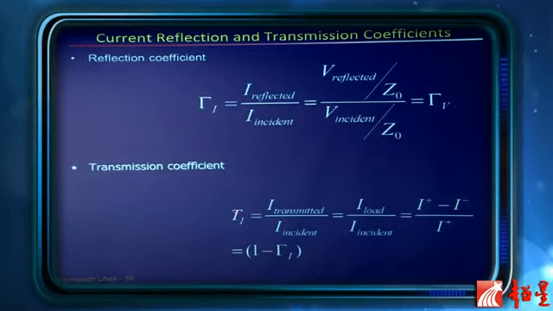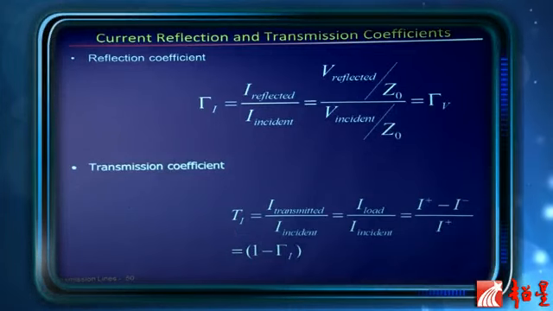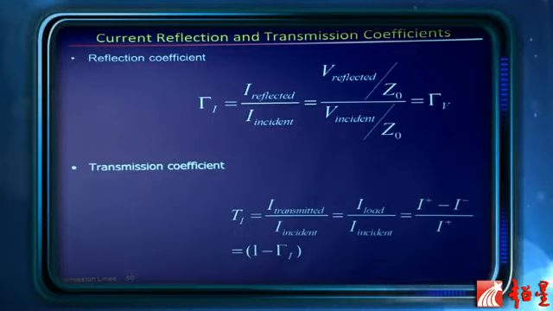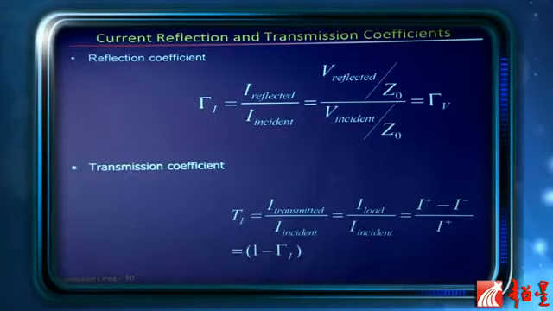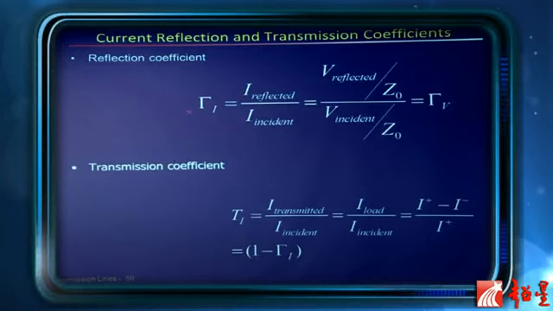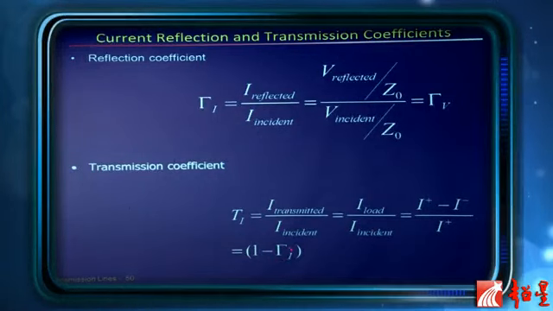The current transmission coefficient is equal to 1 minus the current reflection coefficient because of the sign difference, right? Because of the current sign difference. So this is the same, but this is not the same. Okay.